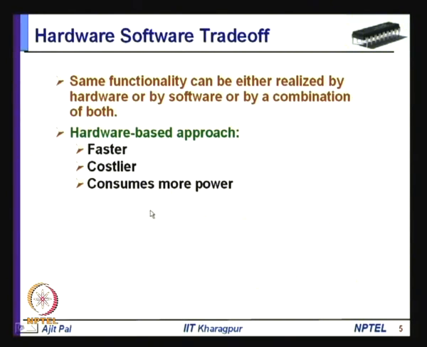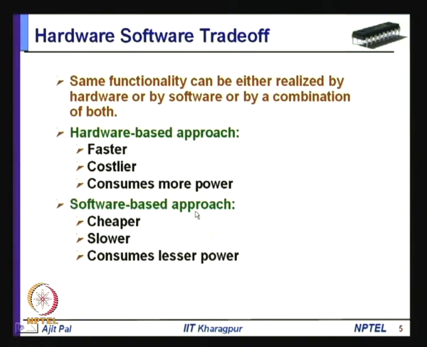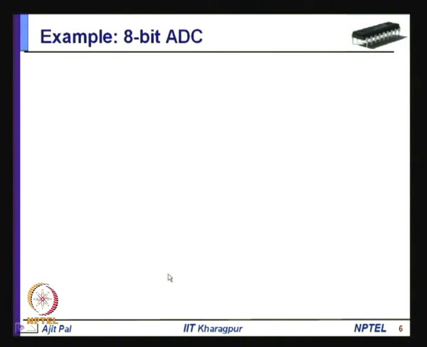On the other hand, we know that whenever you go for a software based approach, it is cheaper to implement because you do not require any additional hardware. However, a software based approach will be slower in performance, but most important is it will consume much less power. Let me illustrate with the help of a very simple example.